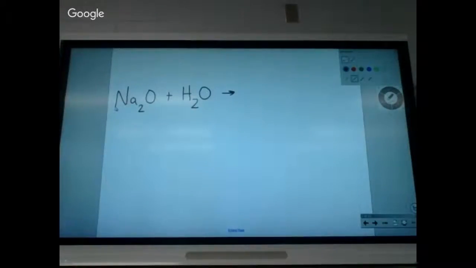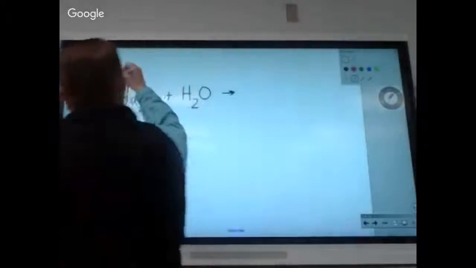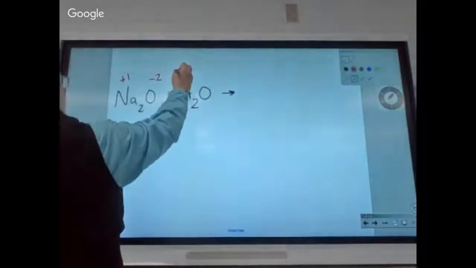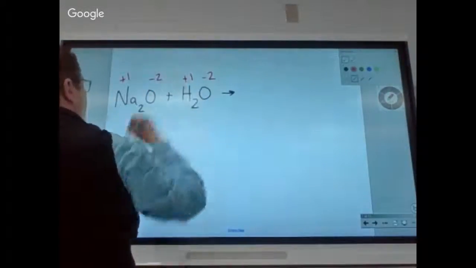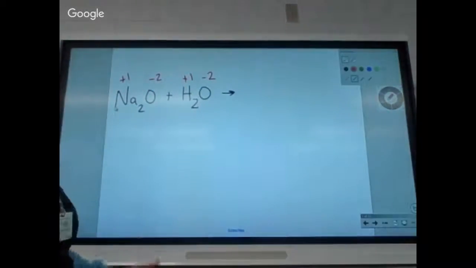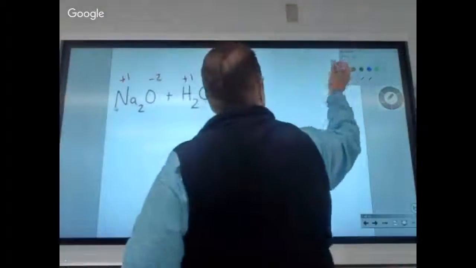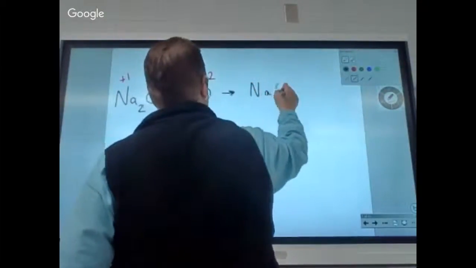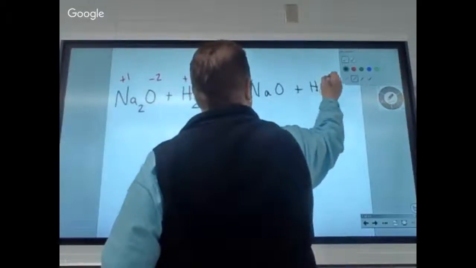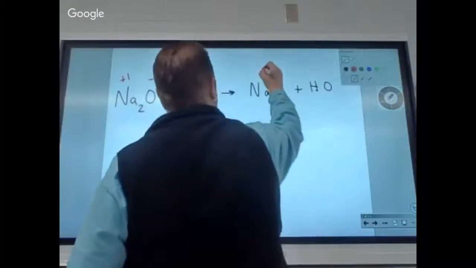Without fail, most people look at that and they think it's double displacement because it's two compounds. So most people would start this and they would go +1, -2, +1, -2, and they would go ahead and switch and they would go, okay, we get Na with O and H with O, and they put in their oxidation numbers.